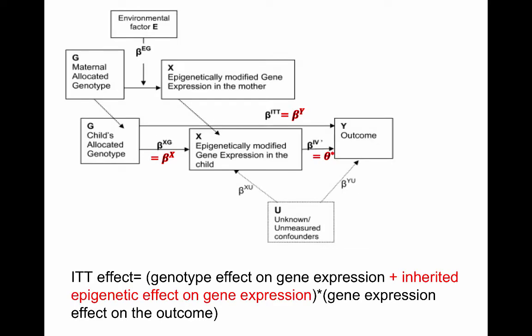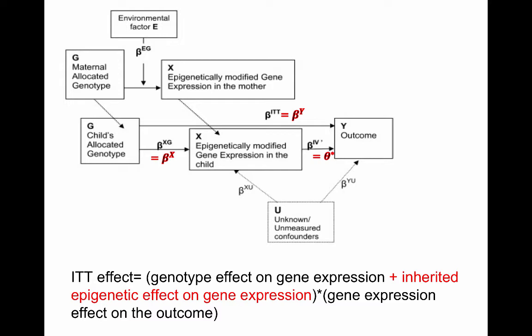What the simulation presented in this paper showed is that if you additionally introduce an environmental factor, let's say smoking, into the mother generation, and the mother's genes are not only epigenetically modified by smoking, but also these modifications are transmitted to the child, this ratio has to be modified to include that inherited epigenetic effect.